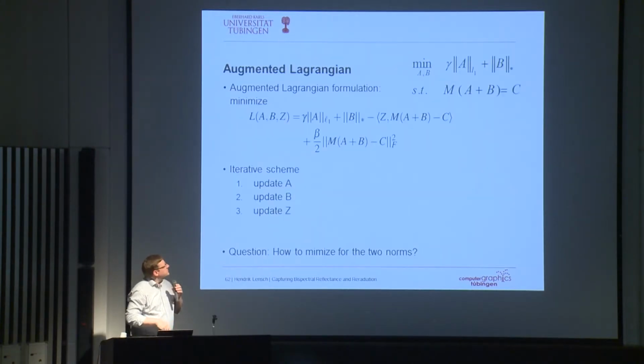Then we have an iterative scheme for minimizing that. We use an augmented Lagrangian and update the sparse part, the low rank part, and the Lagrangian all the time. And it's actually surprisingly simple to do that.